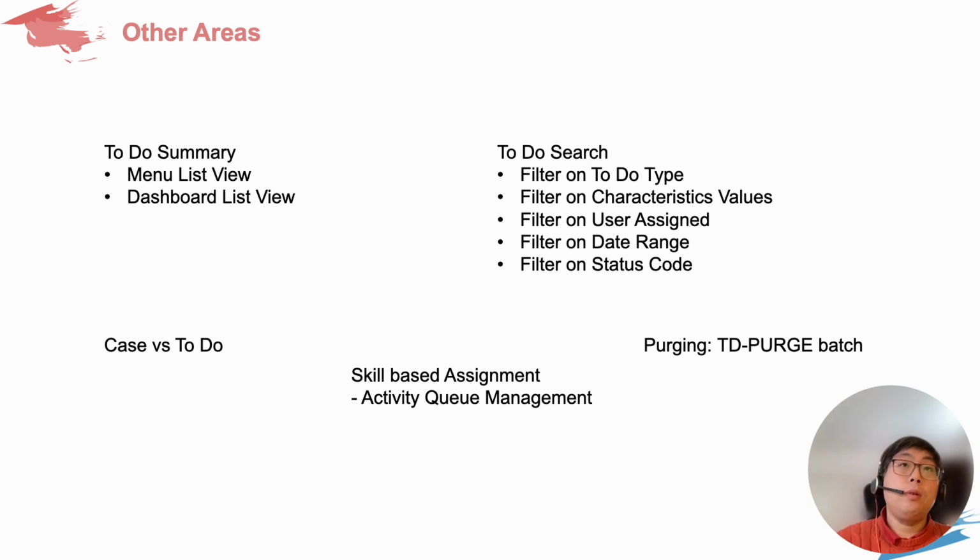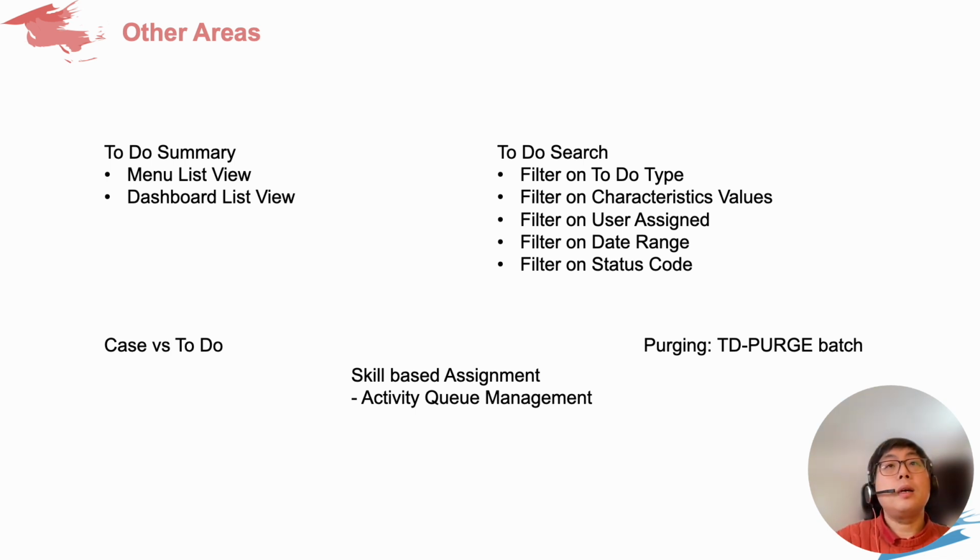For example, if you want to raise a notification, but you want to do external routing to your field service, and you want to capture the updates from the field service with different life cycles, then a case will be more suitable because you can actually transition between the statuses, and that can be easily tracked. But to-do is a bit difficult to do. You can only do that on the to-do log, which is text-based and not that easy for reporting.